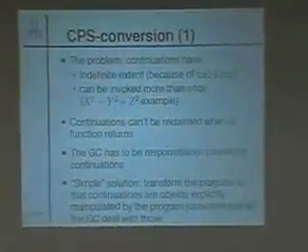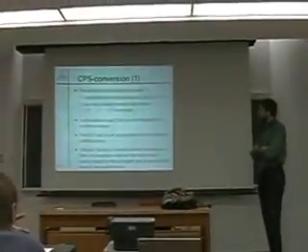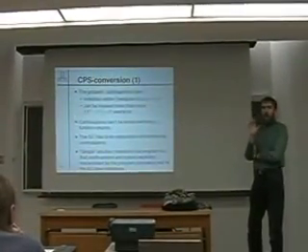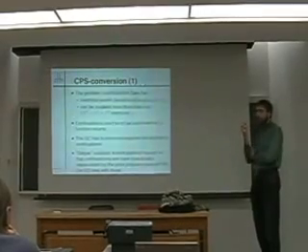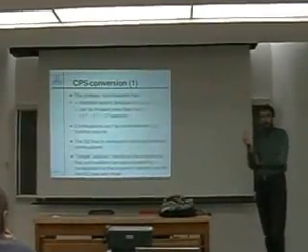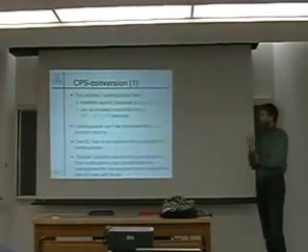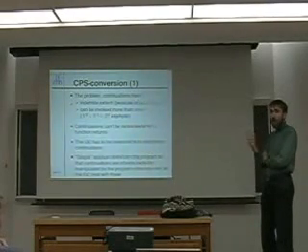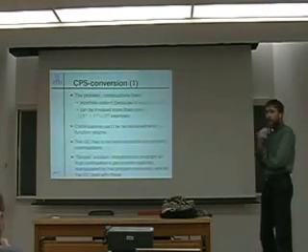So the simple solution that we're going to adopt is to transform the program so that all continuations are actually objects, namely closures, and the garbage collector will be in charge of actually reclaiming these objects.